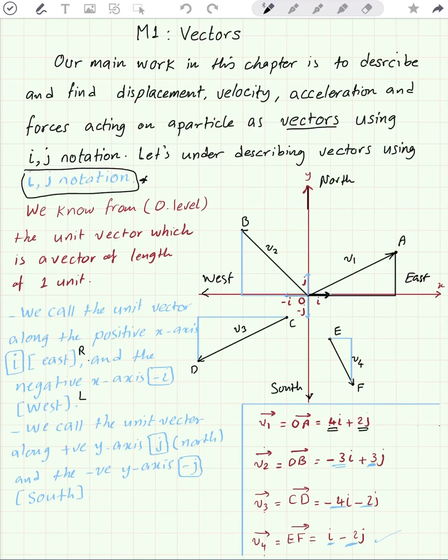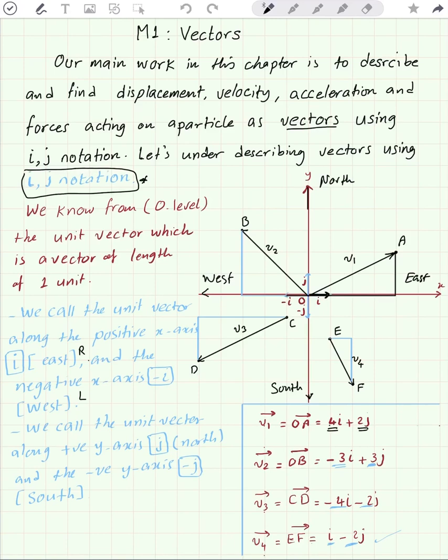And negative I, the same length unit, which is this one, is opposing the direction of I, having the same length unit, so it's called negative I. The same for the y direction.